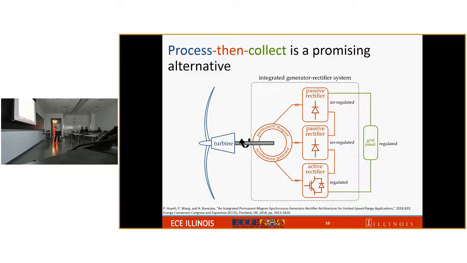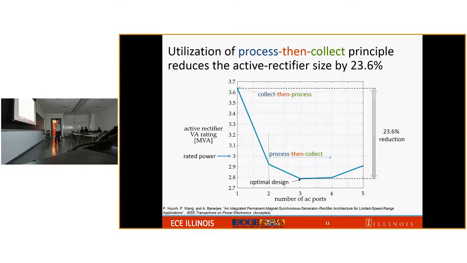So here's the illustration of the benefits. Because you only use one active rectifier, most of the power will be processed on the passive rectifier. The consequence is that you reduce the size of the active rectifier. For example, consider a system rated for 3 megawatts.